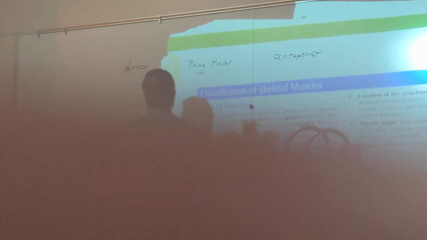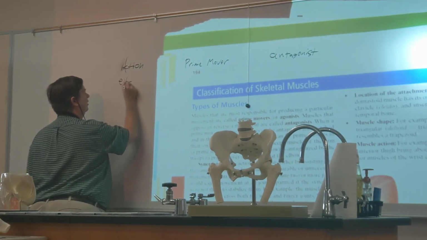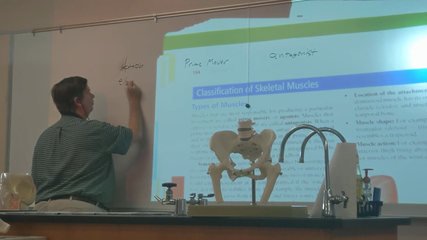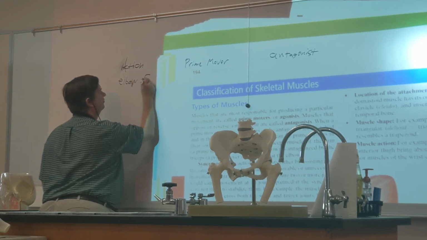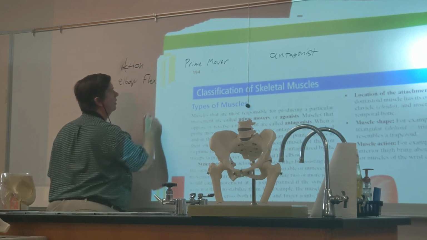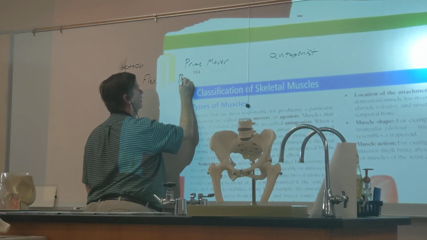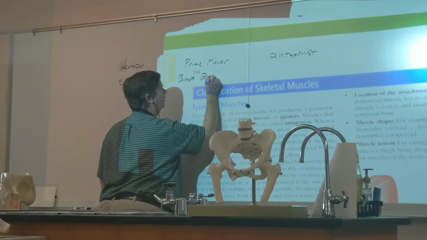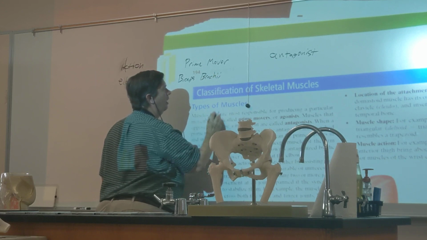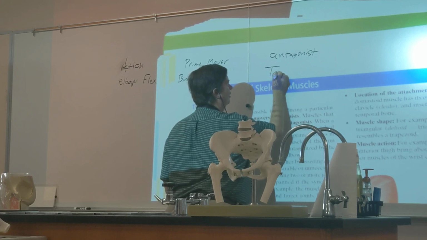So, if our movement is elbow flexion, I'm just going to write elbow flex. The prime mover will be the biceps brachii. Good? All right, and the antagonist will be the triceps brachii.